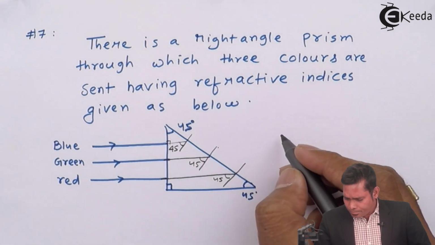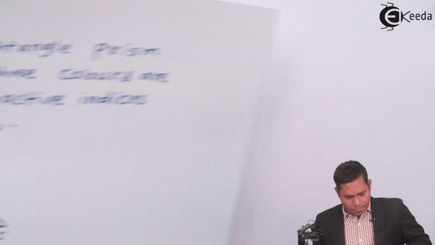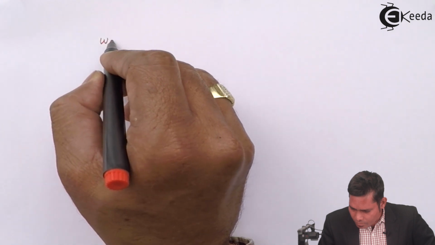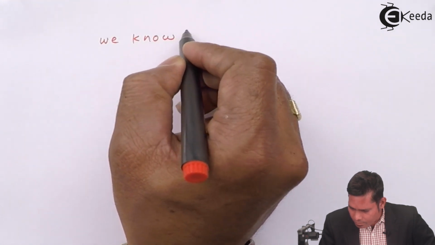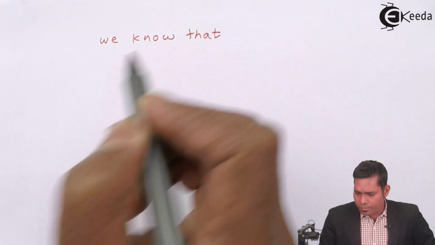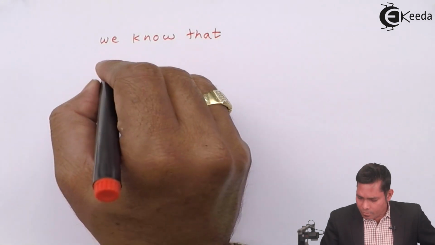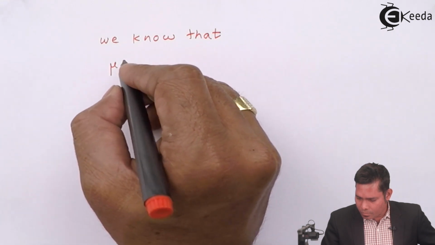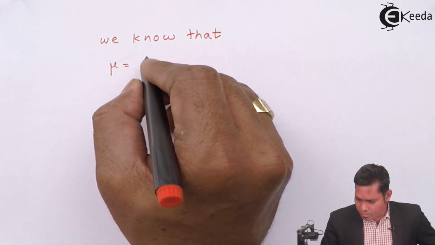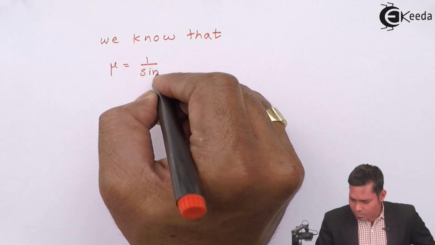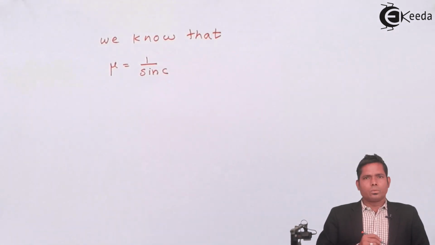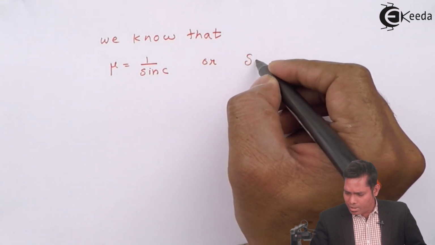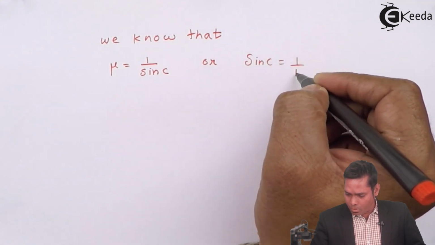So here we know that 1 by sine C, or sine C is 1 upon mu.